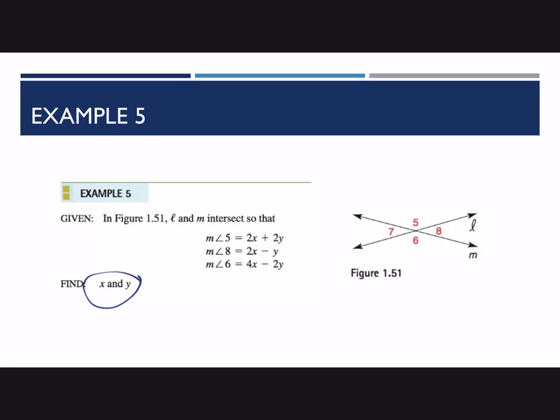So be thinking about the relationships. We're given some expressions for angles 5, 8, and 6. We know the measure of angle 5 is 2x plus 2y, the measure of angle 8 is 2x minus y, and angle 6 is 4x minus 2y. I won't say anything more about that, but refer to that one in the textbook to see the steps to solve for x and y.